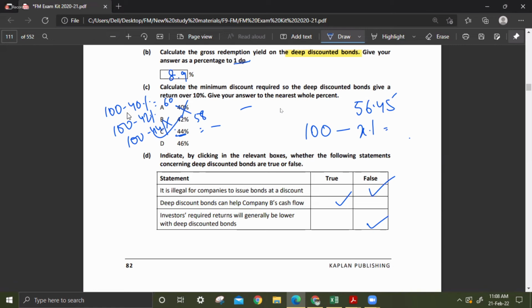This is not the discount rate because this is not the price that I've issued it for. 100 minus 44%, how much do you get? 56. So this is the issue value, because when I issued it at 44% discount, that is the rate I am getting. Now is it clear? Yes, ma'am. Got it. Thank you. If it's 46%, you'll get 54. This was not the issue value. The issue value was 56.45.